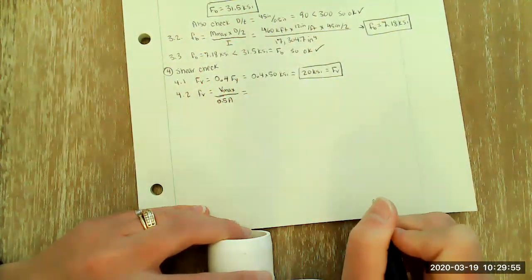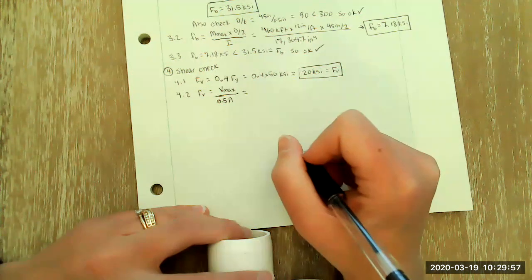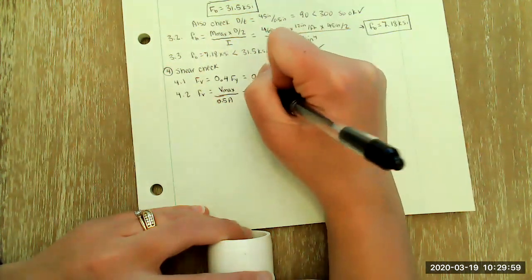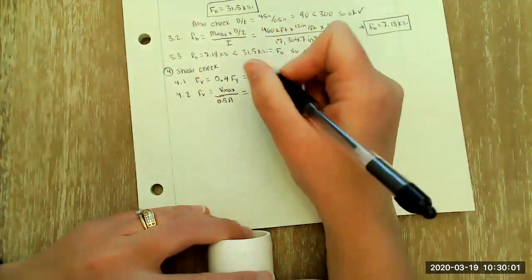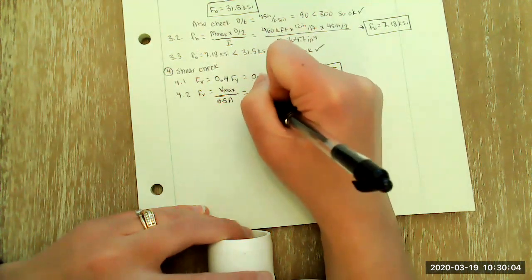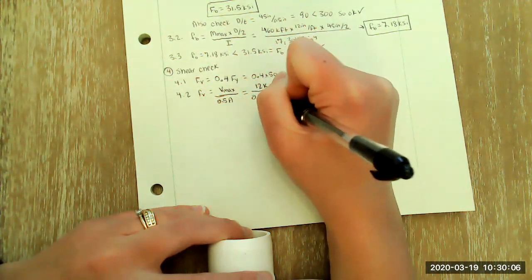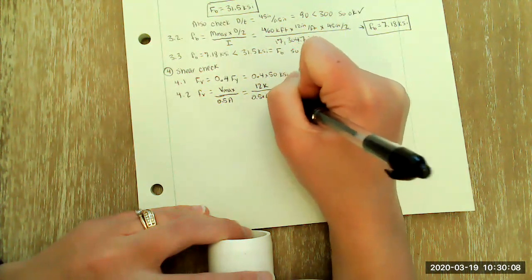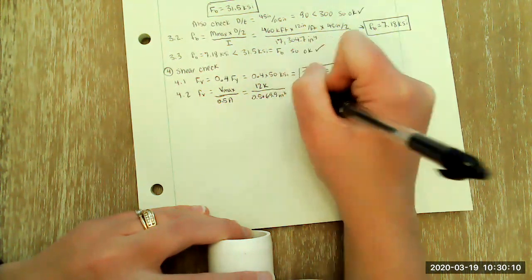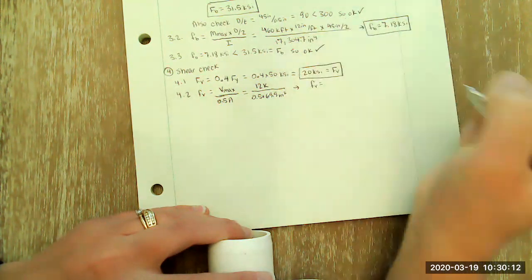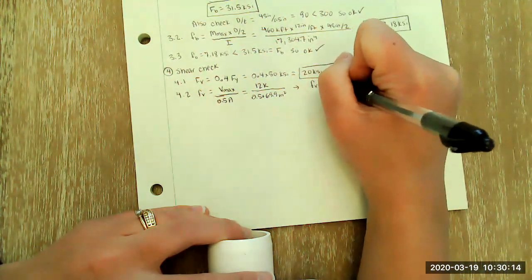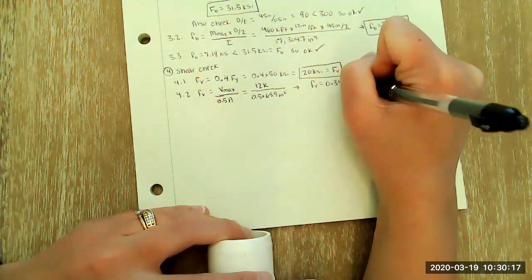Looking back to the very first step where I calculated V max using statics, that was 12 kips divided by 0.5 times 69.9 inches squared. And so we get little f sub v is equal to 0.34 KSI.